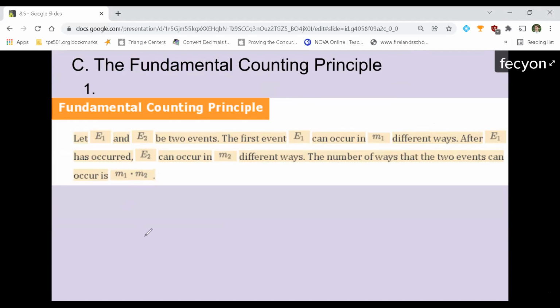M1 times M2. So the first one, we had 8 choices. So that'd be 8 different ways that it could occur. And the second one, we had 7 choices. So you do 8 times 7.